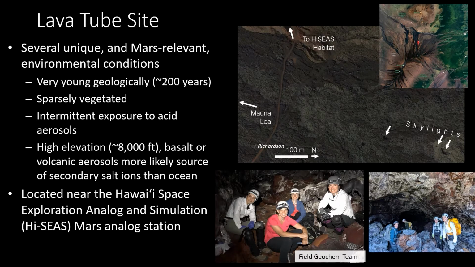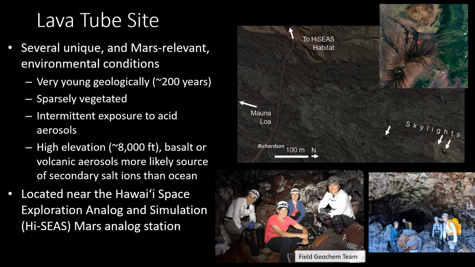So this lava tube has several unique and especially Mars-relevant environmental conditions. The lava flows that the tube is in are very geologically young, only about 200 years old. And aqueous alteration processes generally happen more quickly on Earth than Mars because there is more water and energy available.